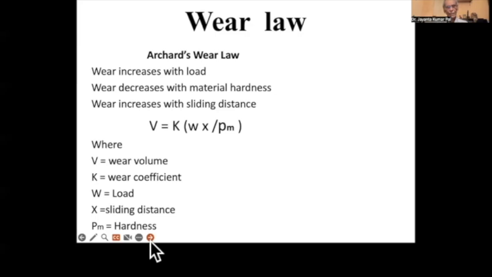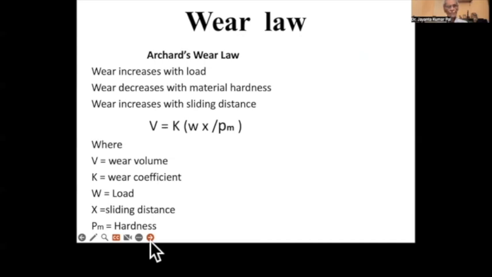Now, there are many variations and improvements and additions to this wear law, say, for example, rewriting the wear law to take care of the roughness, to take care of the atmosphere and all that. But the basic wear law remains the same since Professor Archard wrote this sometime in the 1950s.